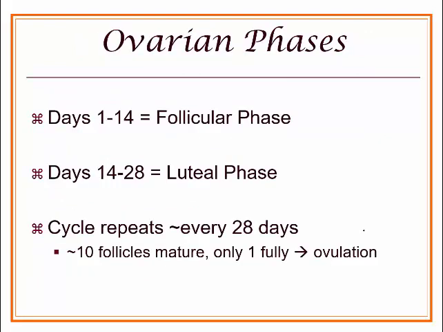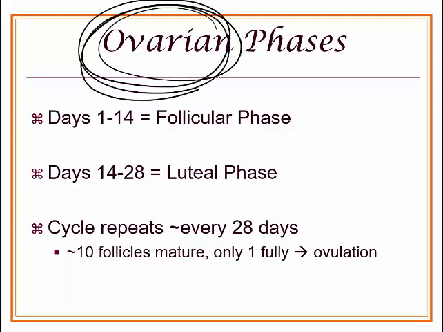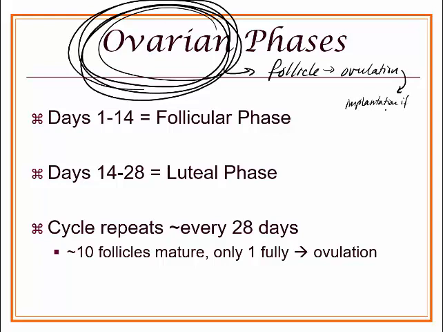So we're going to do what happens in the ovary first, and then we'll follow that with what happens in the uterus during a 28-day cycle. So for the ovarian phases, the things that happen in the ovary, which of course has to do with the follicle leading to ovulation, and then implantation if fertilized.